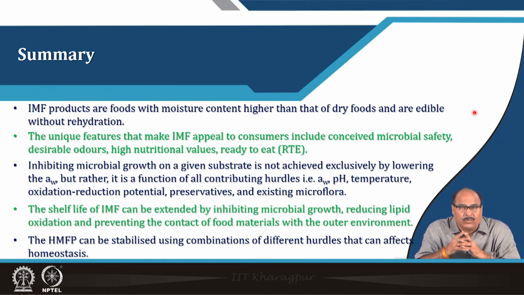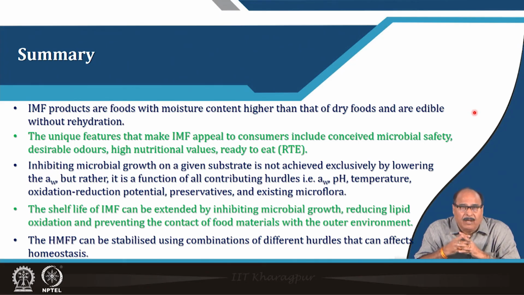Inhibiting microbial growth on a given substrate is not achieved exclusively by lowering the water activity, but rather it is a function of all contributing hurdles, that is water activity, pH, temperature, oxidation reduction potential, preservatives, or others, even the existing microflora, type of microorganism present, their quantity, etc.